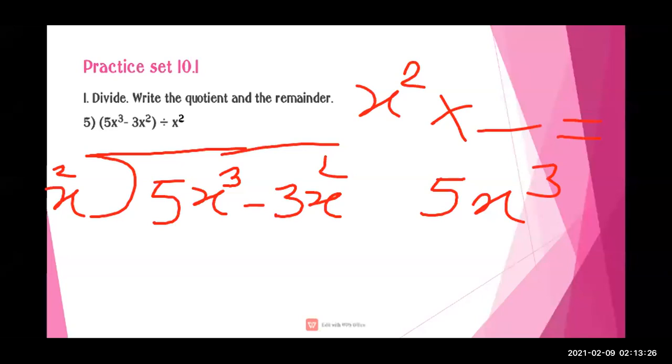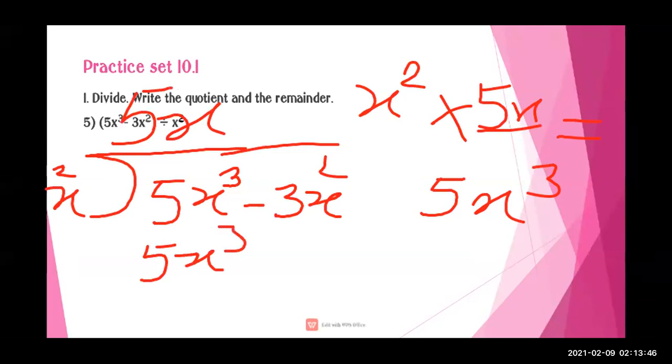It will be 5x only. Because if we multiply 5x by x square, 5 ones are 5 and x plus x square will become x cube. So what you will write? You will write here 5x, and here 5x cube minus, then here will be 0. Then the second term, that is minus 3x square, you will carry down. Minus 3x square. Is it clear?